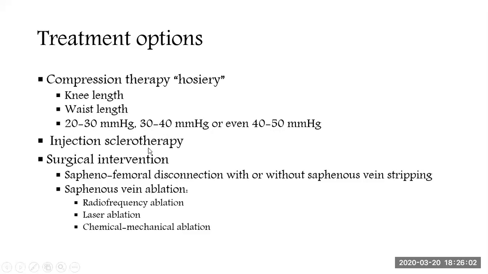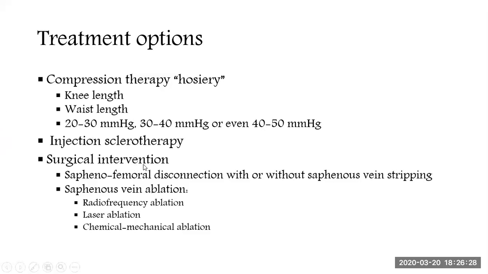Next comes injection sclerotherapy, and its idea is to lead to sticking of the walls of the veins together. Therefore, there will be no lumen for the blood to go through. It frees the patient from the presence of these varicose veins.